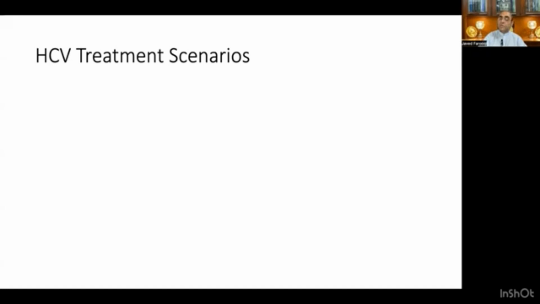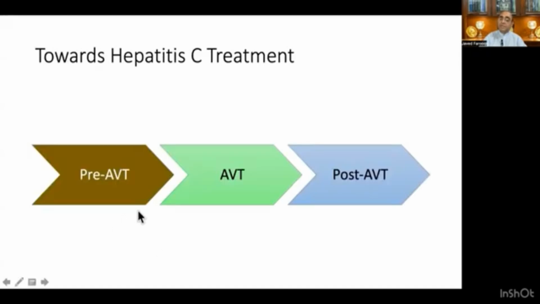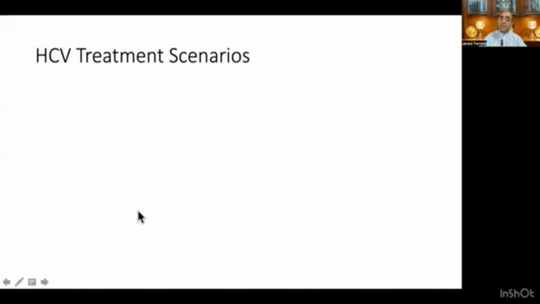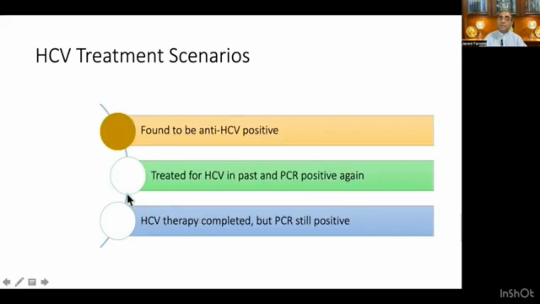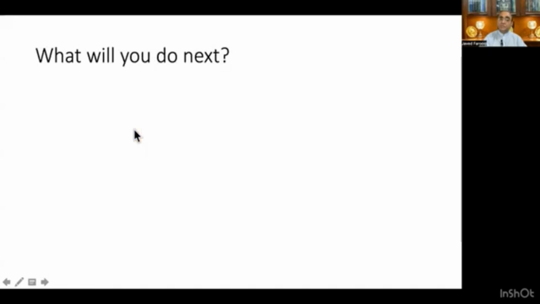So the pre-treatment approach depends upon which scenario, which category we are dealing with. So first take the first scenario, that is a patient has been found to be anti-HCV positive. So what will you do next? Of course, you will check the PCR, whether the patient is PCR positive or negative, whether the patient is a spontaneously recovered case or the patient needs treatment.